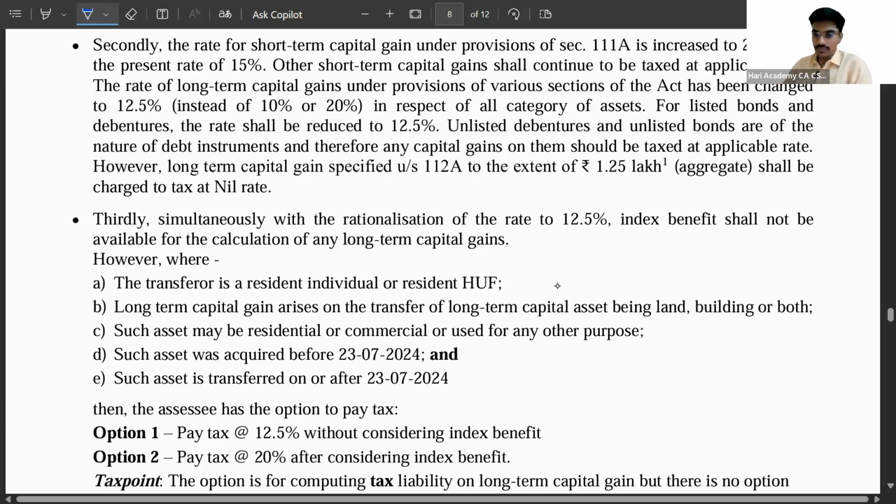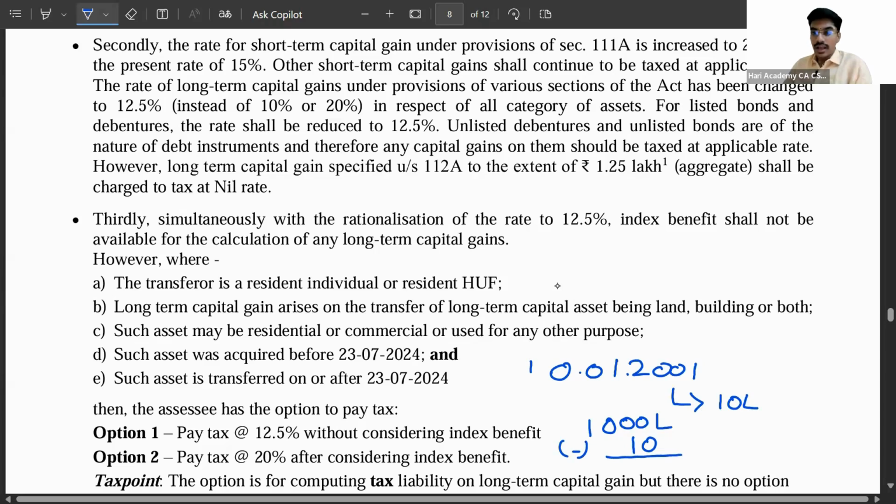Assume, for example, you have acquired a property on 10/1/2001. You acquired this property for 10 lakhs. Assuming this indexation benefit is not there, and you have sold that property today for 1000 lakhs, the deduction which you will be eligible for is only 10 lakhs.